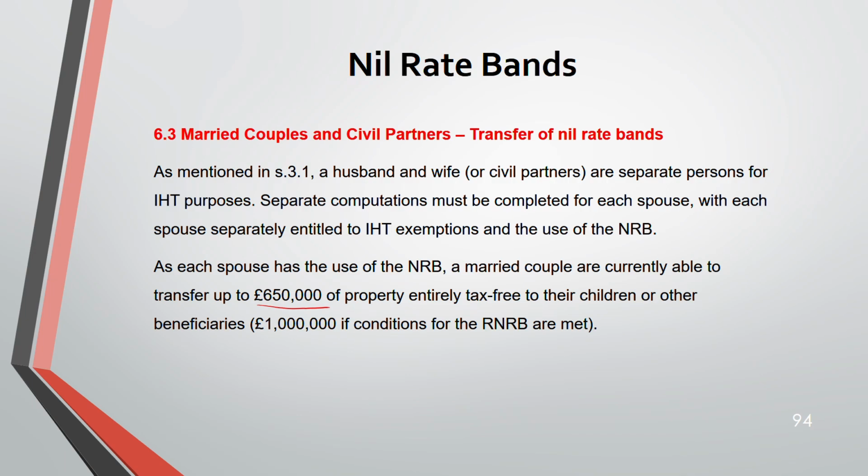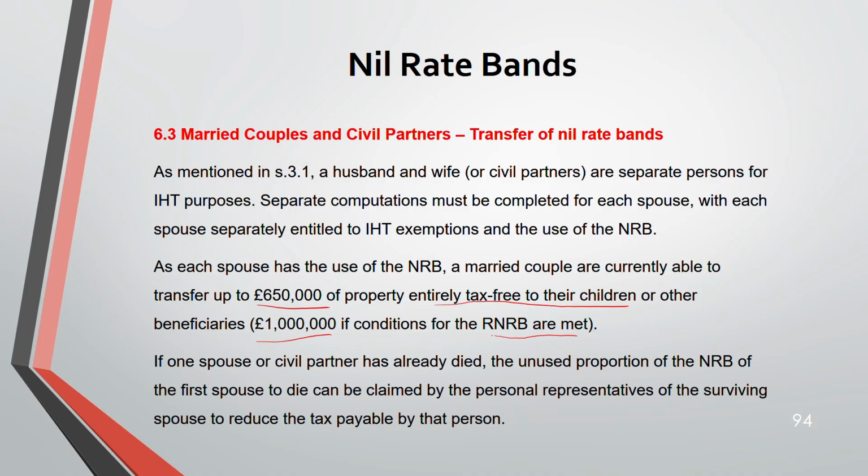How 650,000? 325,000 times 2 nil rate bands. So up to 650,000 of property entirely tax free to their children or other beneficiaries, and 1 million if the conditions for the residence nil rate band are met.